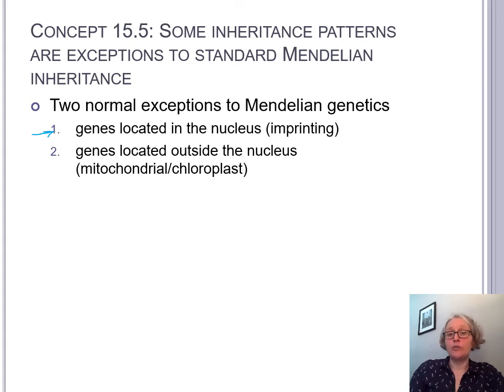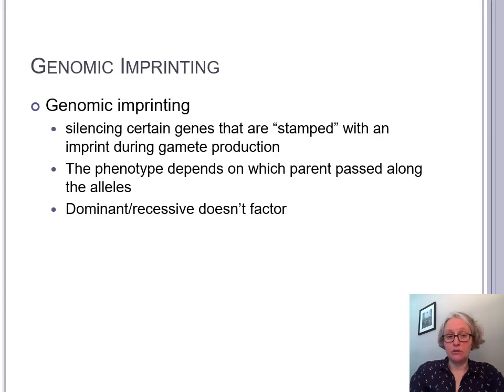This is called genomic imprinting. The second exception involves genes that are located outside of the nucleus. Remember, most of our DNA is inside the nucleus, but some of our DNA is in our mitochondria. In a plant, it's in our mitochondria and our chloroplasts. So we're going to look at these two exceptions to normal Mendelian genetics, for genes located in the nucleus and for genes located outside the nucleus.